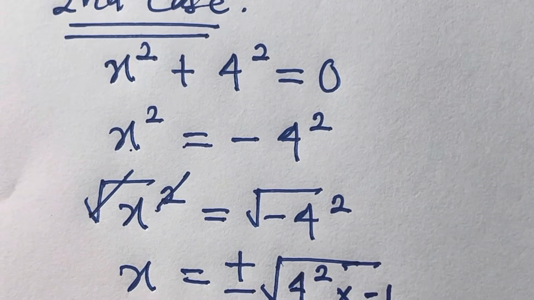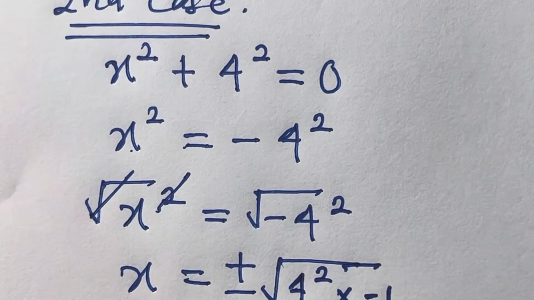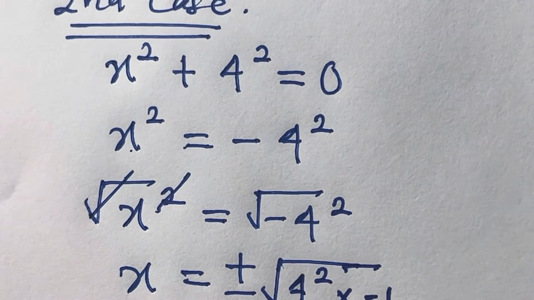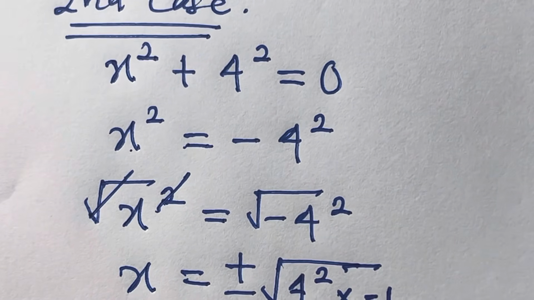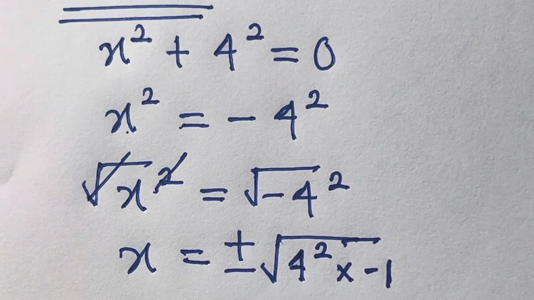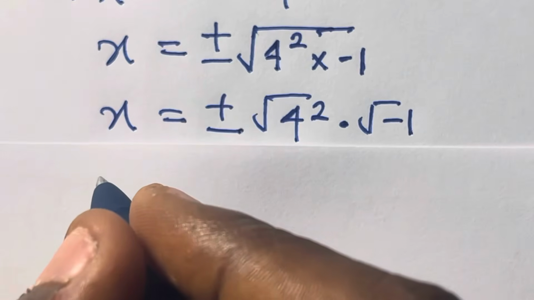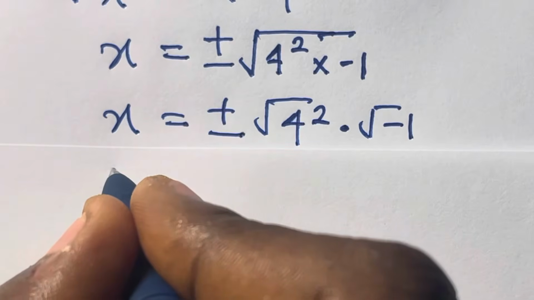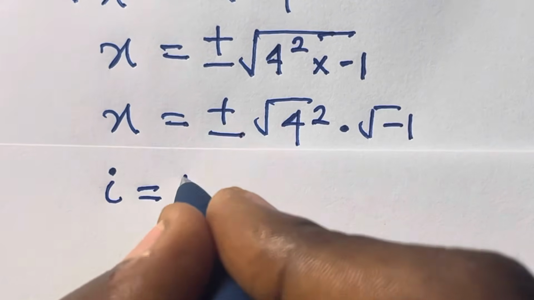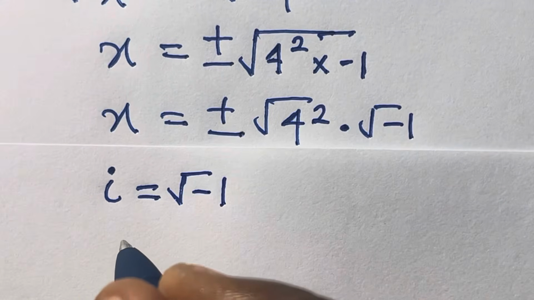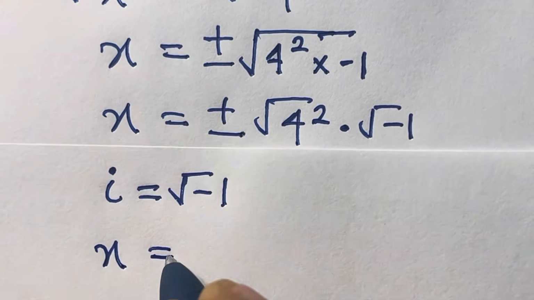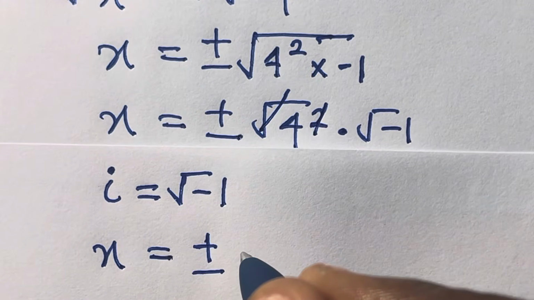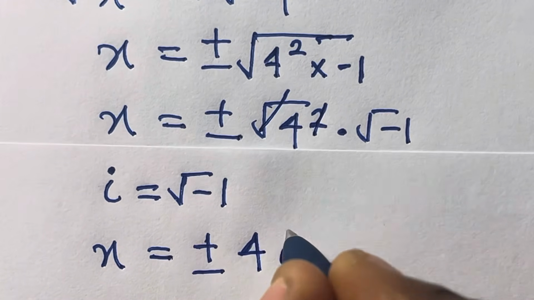All right, so here now we have x equals plus or minus the square root of 4 squared times the square root of minus 1. But let's recall that i equals the square root of minus 1. This implies that x equals plus or minus 4 times i.